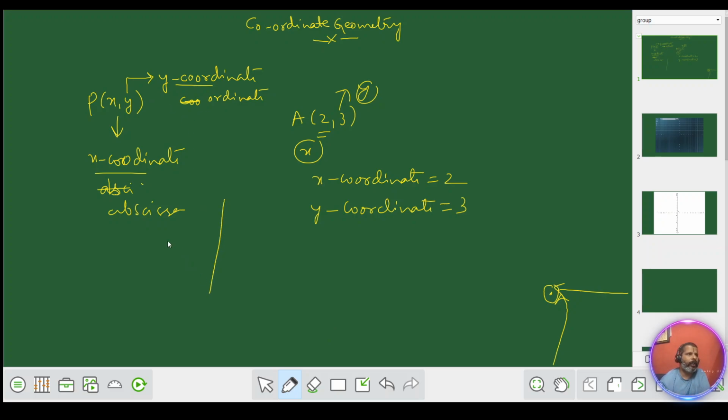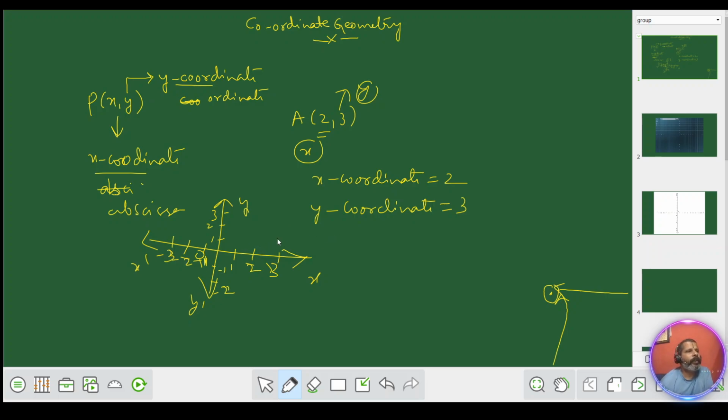If you draw a plane, x, x dash, y, y dash, 1 2 3 positive sides in the first quadrant, and minus 1, minus 2, minus 3 on the negative sides.